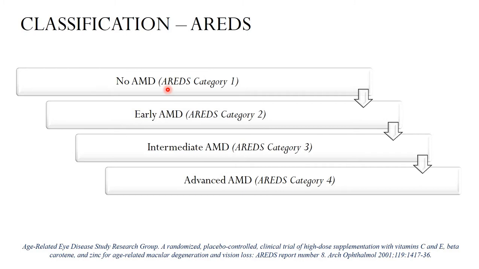We'll see how the medications go in the upcoming slides. According to the Age-Related Eye Disease Study research group, category 1 is when there is no AMD, category 2 is early changes of AMD, then intermediate, then advanced, which is category 4.